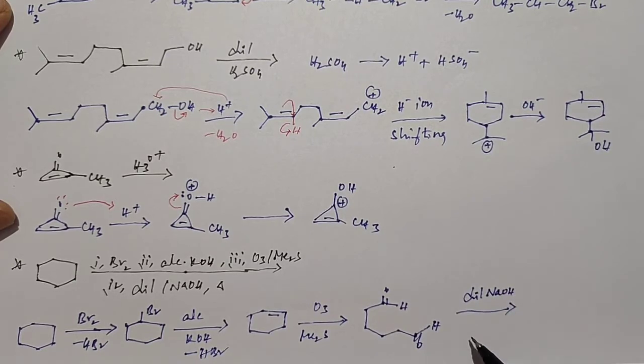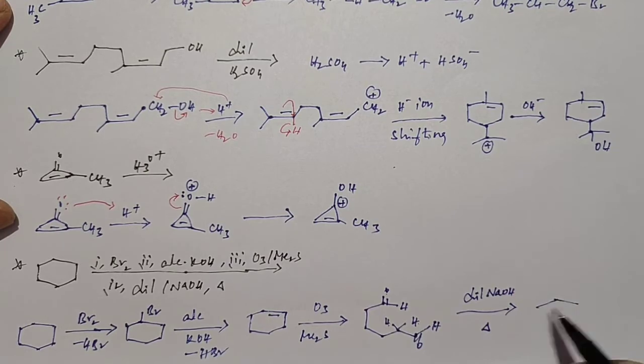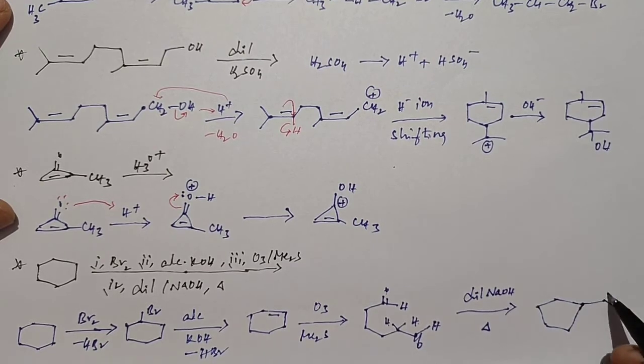Then here we have two hydrogen atoms at the alpha position. So at that time these two hydrogens and this oxygen can be removed in the form of a water molecule, resulting in the product. Okay, so this is the final product.